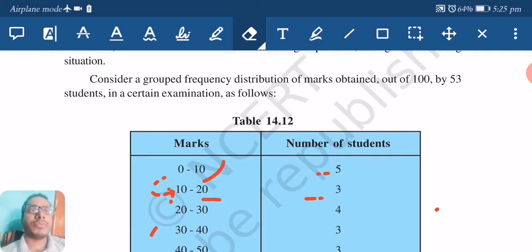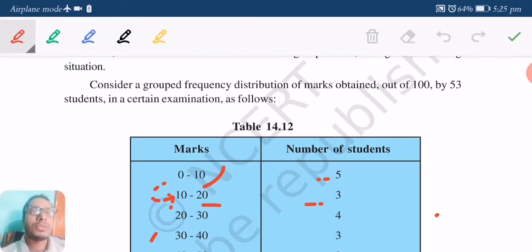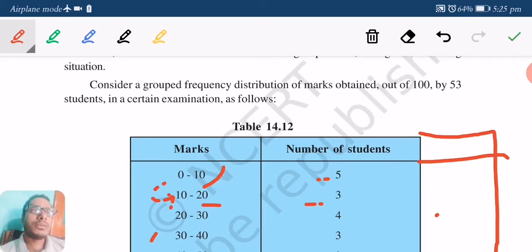Students, if I ask you to make a cumulative frequency, how will you make it? I'll do two or three for you, and then you make the remaining ones, which are already given in the next table. This is cumulative frequency, CF.